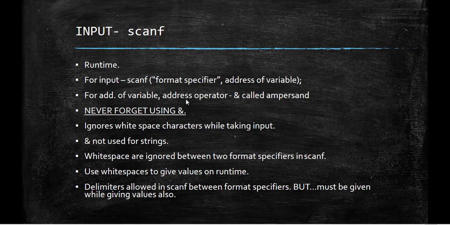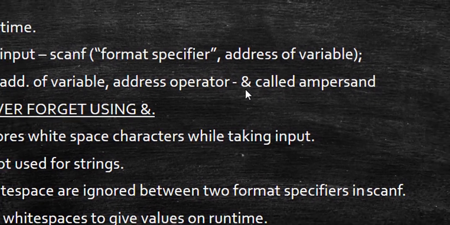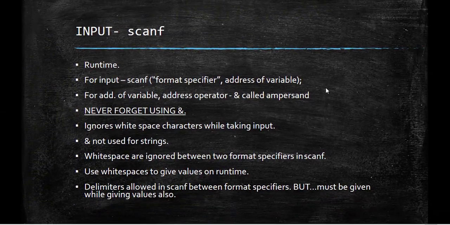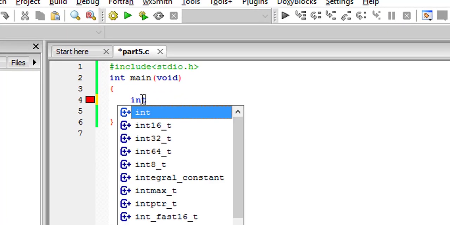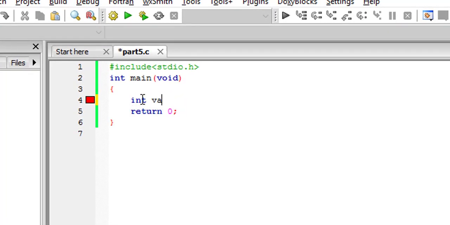For address of variable, address operator is used. This is the address operator and it's called ampersand. So let's see how scanf works. What you have to do is declare a variable, let's call it var, and then write something like this, and inside this you will write the format specifier %d for int, and then you will write the name of the variable, which is var in this case.